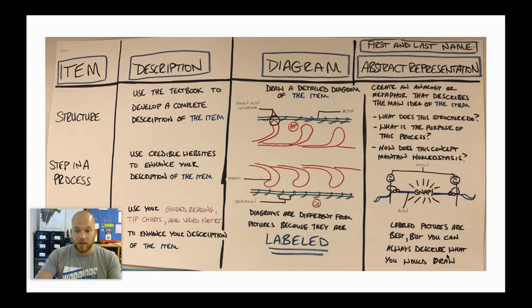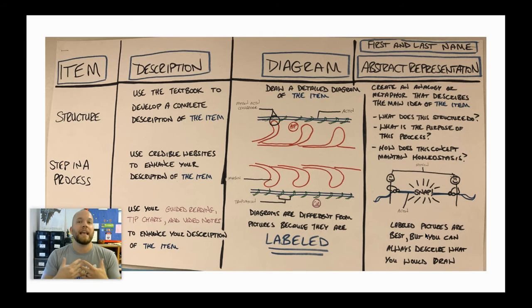I know it says you can always describe what you would draw. You are drawing, but what I mean by this sentence, labeled pictures are best, but you can always describe what you would draw, is if you feel like your drawing does not communicate, like your dog isn't quite a dog, you can label it a dog. You can say, this is a dog.